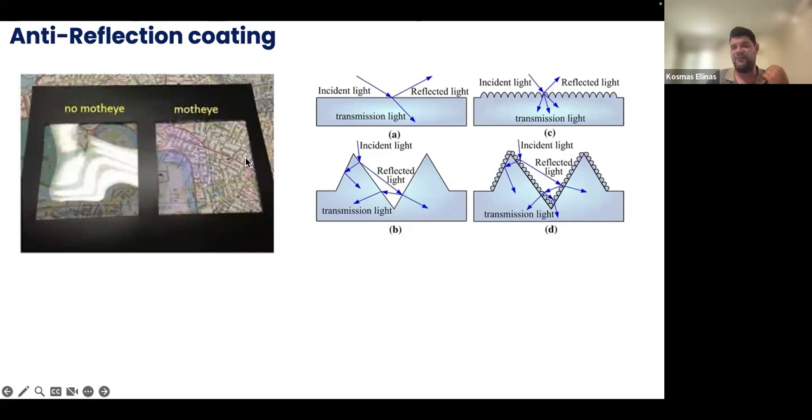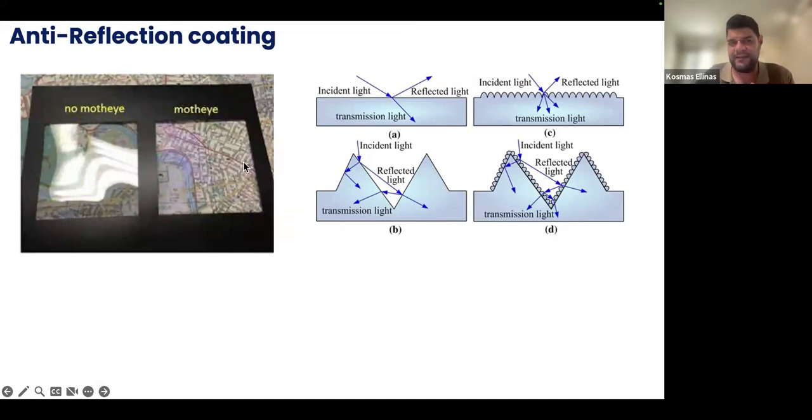In this kind of applications, if we manage to have very small texture, which is below, let's say, 300 nanometers, our eye cannot see it. So even if this surface is textured, we cannot observe it. So we can see it as transparent.